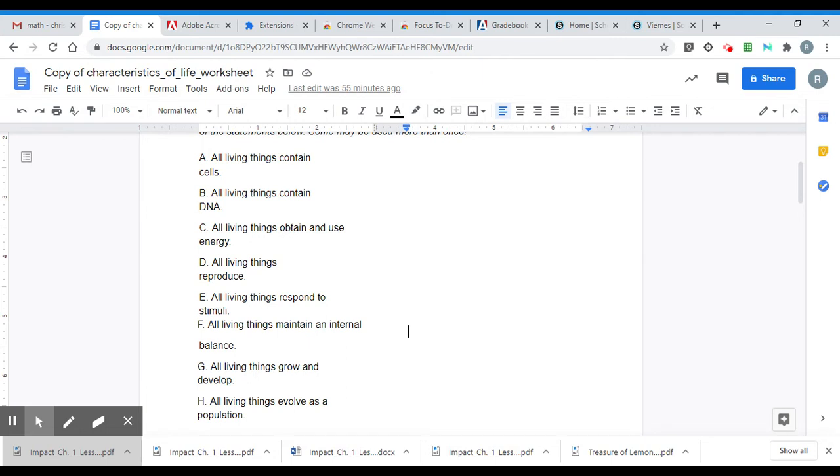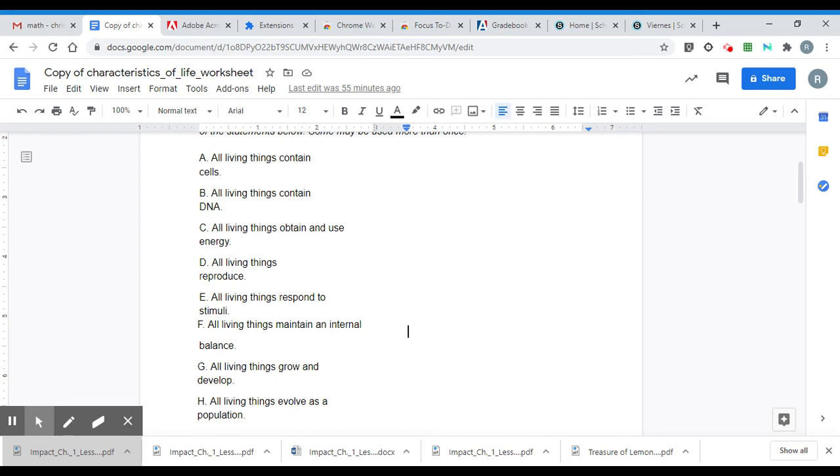All living things obtain and use energy? D, all living things reproduce? Or E, all living things respond to stimuli? Or F, all living things maintain an internal balance? Or G, all living things grow and develop? Or H, all living things evolve as a population?